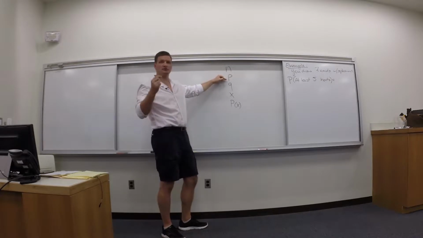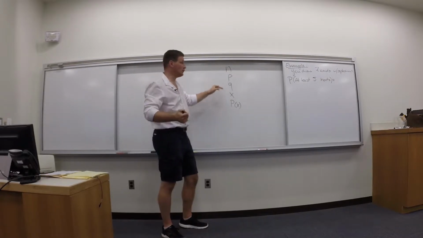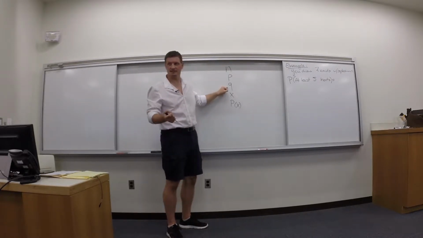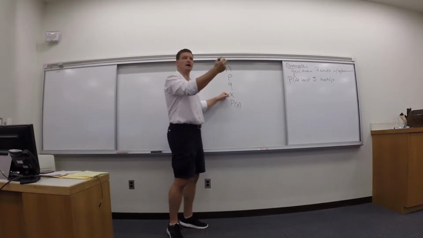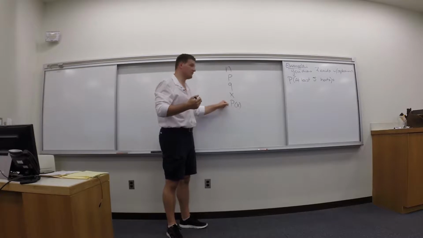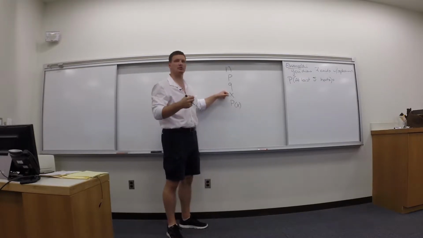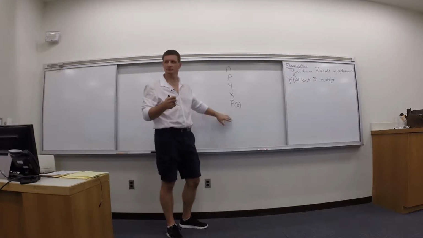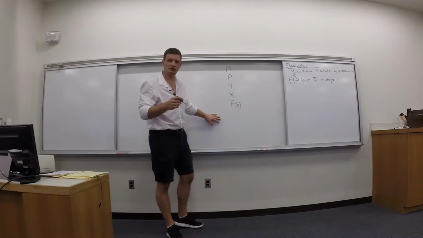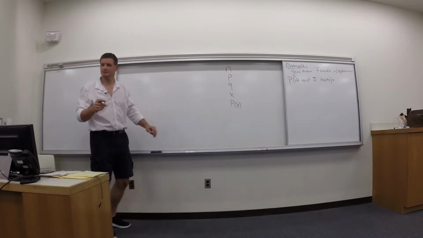P was the probability of success in a single trial. Q was the probability of failure in a single trial. X was the number of successes we were hoping to get out of all those trials. And P of X was the probability of getting that number of successes out of all those trials. Everybody remember that? We kind of covered it a long time ago.